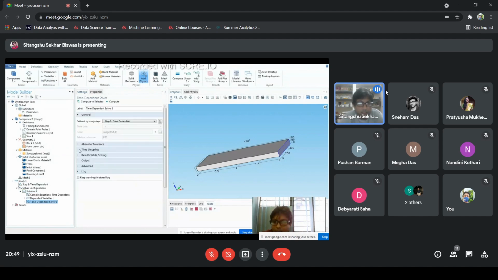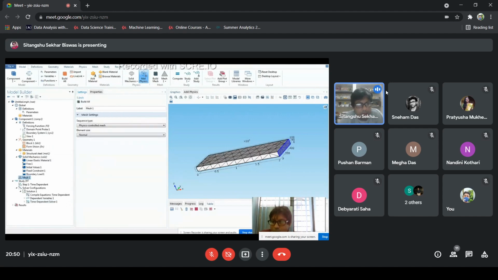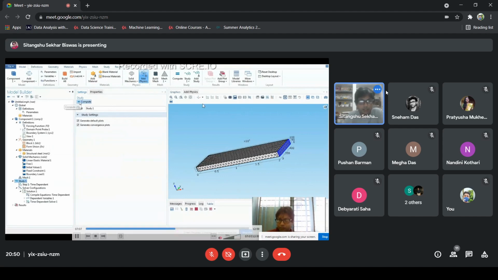Here also the time stepping should match, otherwise it is difficult to converge. You see the time step is different, so you apply the same time step dt. Now you go for the meshing. You make some good mesh. So the mesh is ready. Now you give it for computing. It will take time. I am skipping.